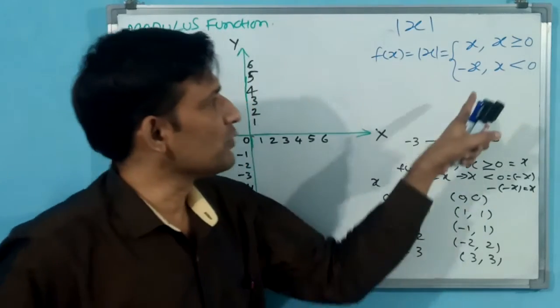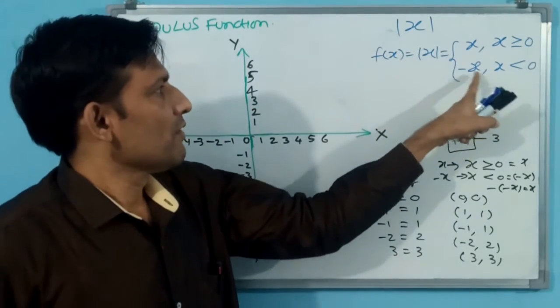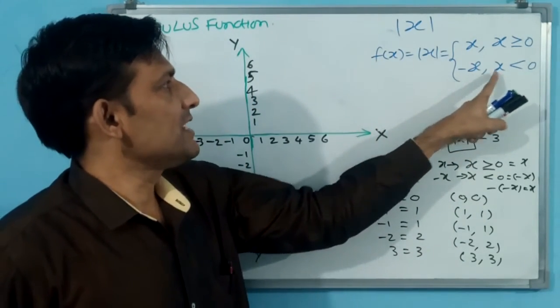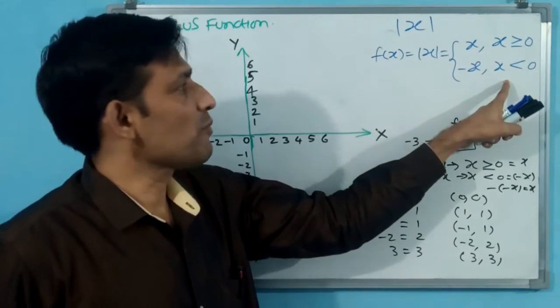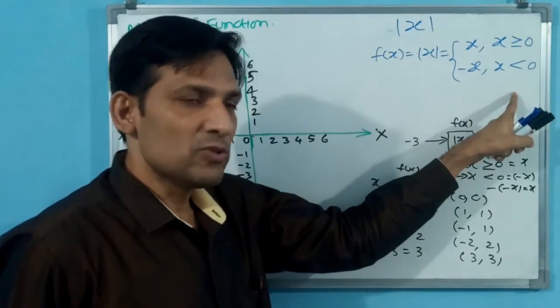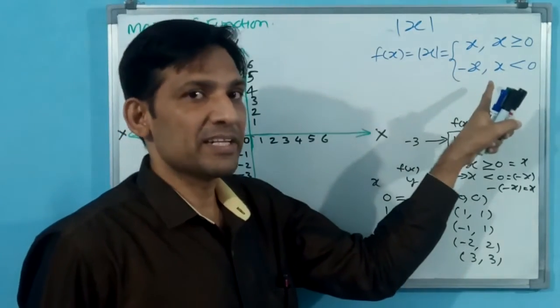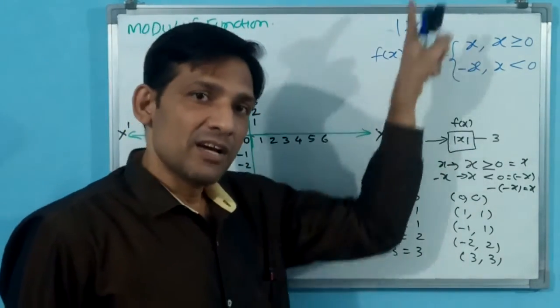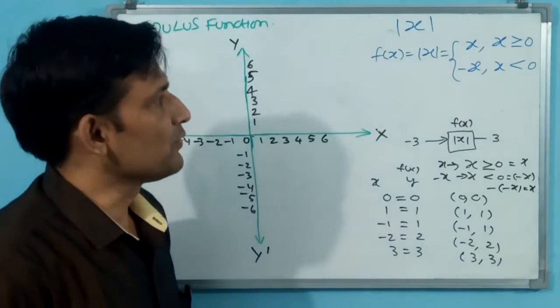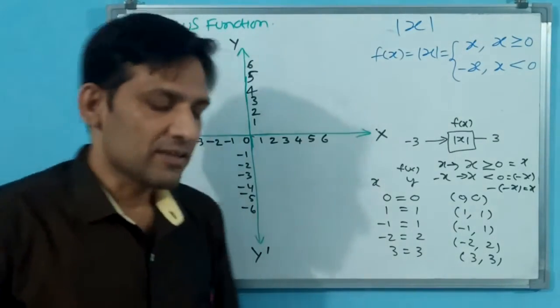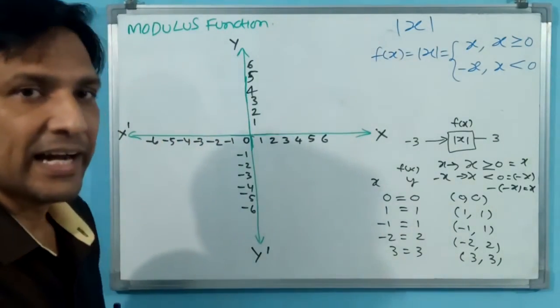That means if x is less than 0, automatically it is going to be a negative value, but it is putting minus. Multiplication with the negative value it is doing, and finally a positive result is coming for you. This is the concept you have to understand.